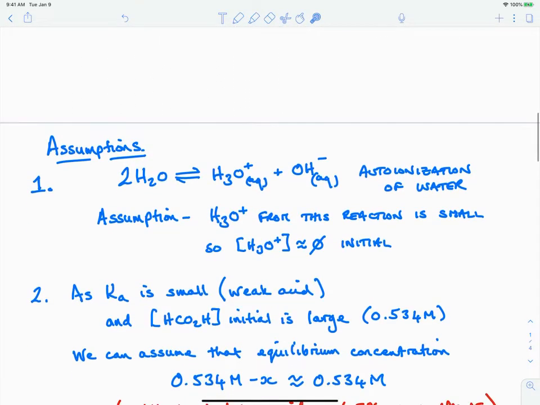We can make this assumption that because this value of X is going to be very small in comparison to this, this value is approximately equal to 0.534, because X is very, very small.